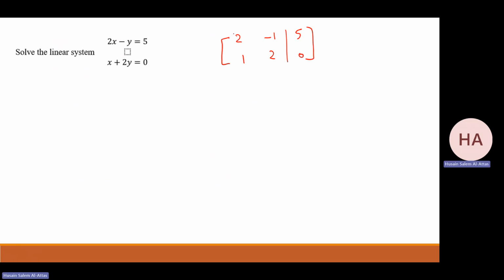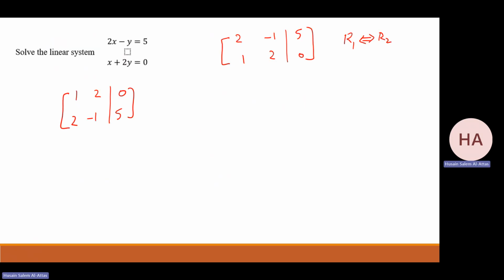Usually I like the first element to be 1, so I can do the calculation without fractions. Okay, so I can interchange row 1 with row 2 to get what? 1, 2, 0, 2, minus 1, 5.